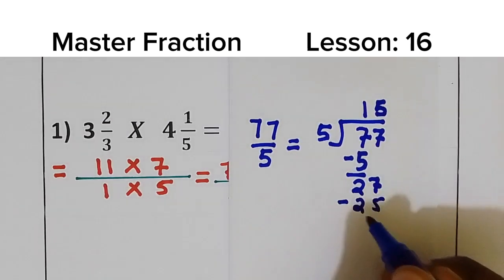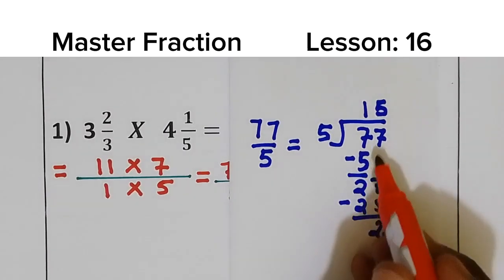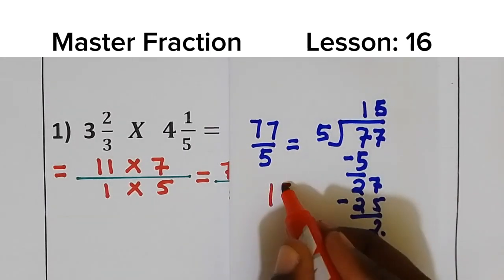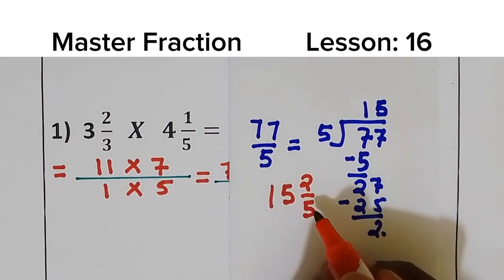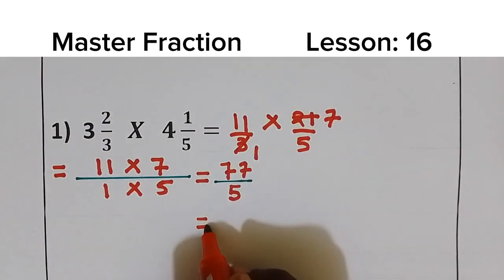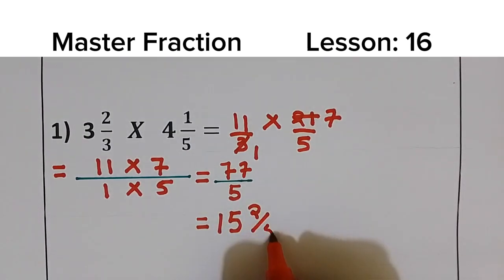Take away, we remain with 2. So our mixed number is 15, remain 2 over 5. This is equal to 15 2/5.